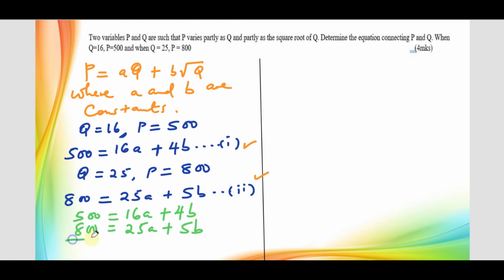In solving these, we can eliminate b by making it uniform. You can multiply the first one by 5 and the second one by 4. By that, b will be 20, and we will be able to eliminate it.